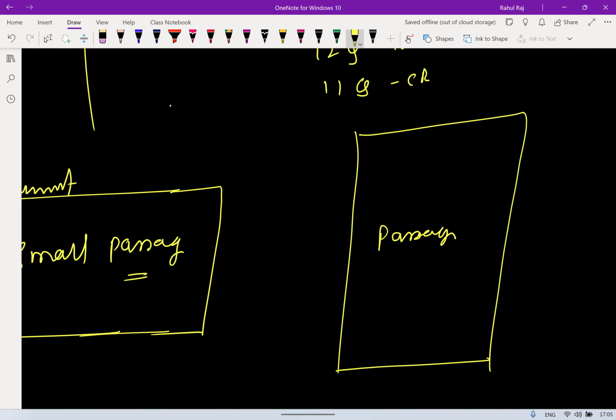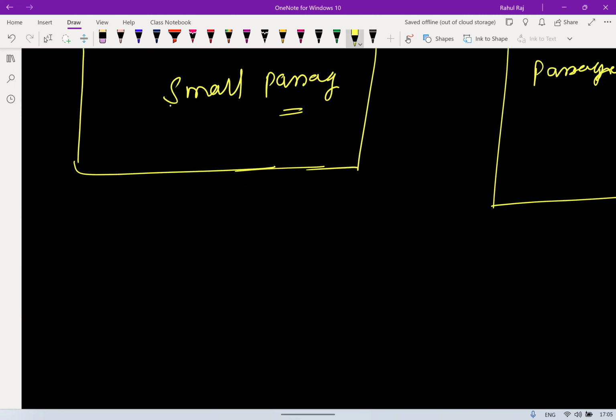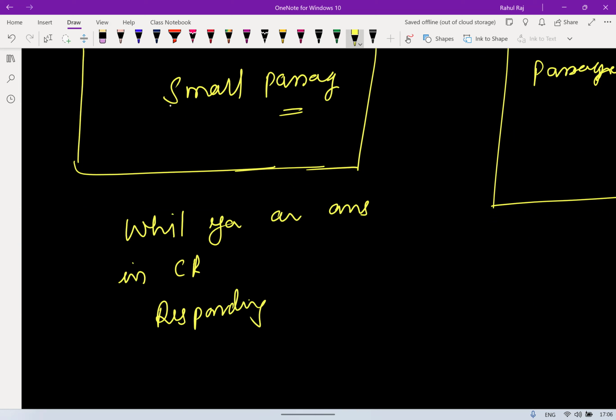So please understand what happens in critical reasoning: you are essentially trying to respond to the information that is given to you in the argument, not passage.